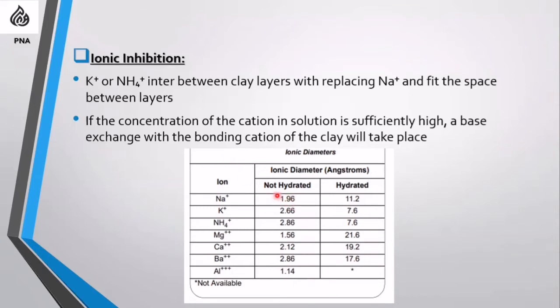Sodium is 1.96, so we have space to let more water enter, but it's very little space for water to enter. And after some water enters, potassium is hydrated only to 7.6. It's not as much as sodium or magnesium or calcium.